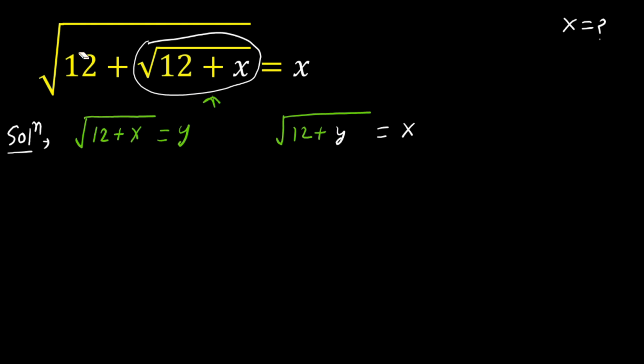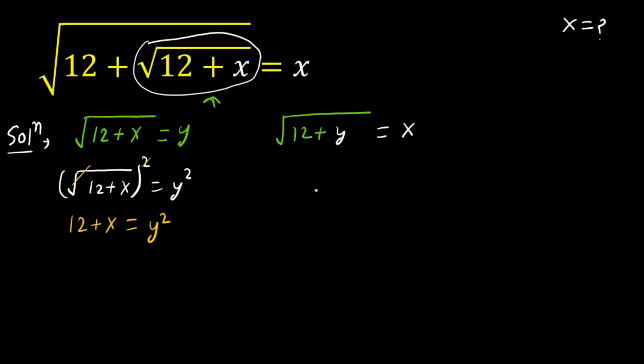Here if we square both sides of √(12 + x) = y, then the square root is cancelled out by the square, and 12 + x = y².